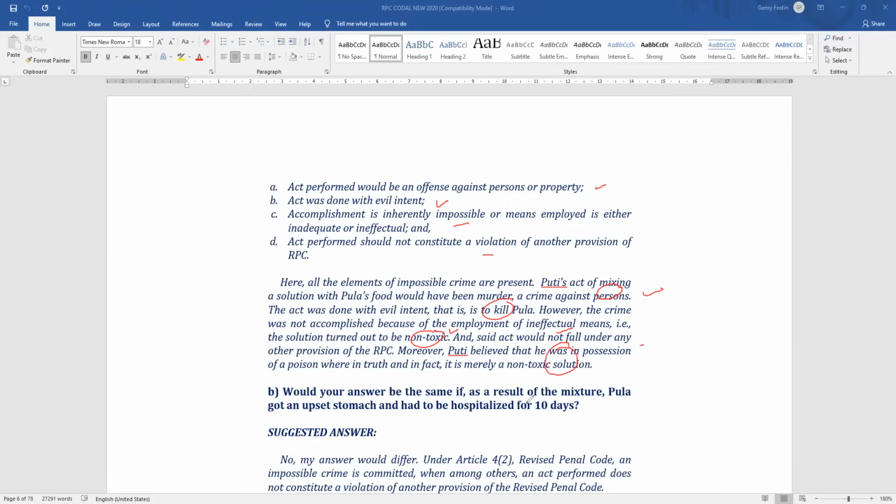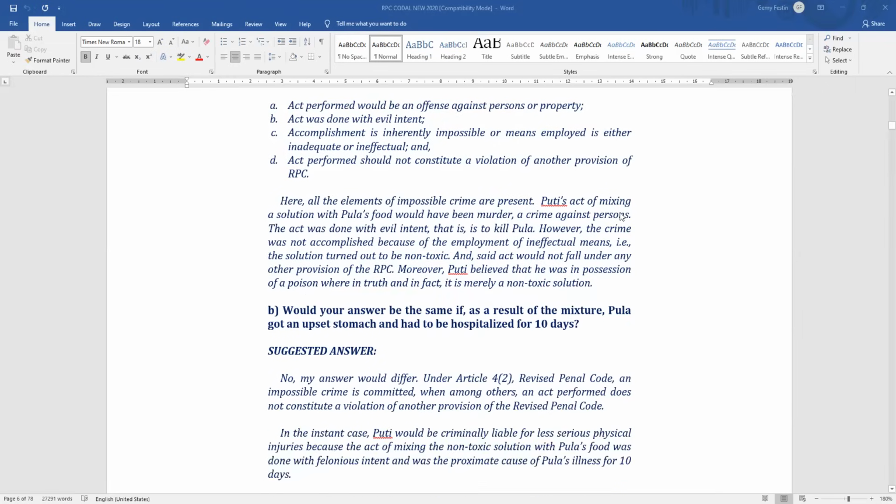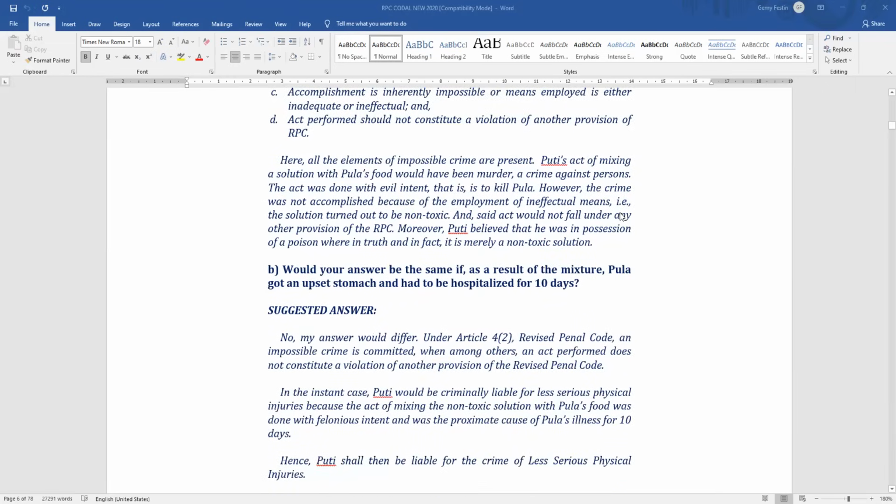Tapos, would your answer be the same if, as a result of the mixture, Pula got an upset stomach and had to be hospitalized for 10 days? What's your answer? This time, it's no longer the same. It's different already. Why?